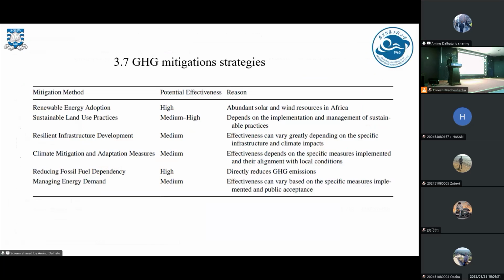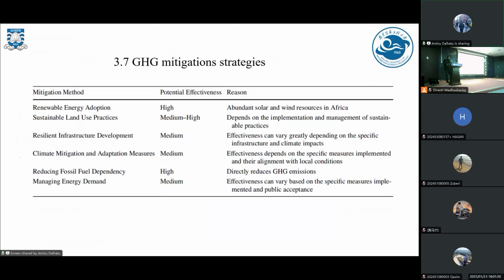How do we mitigate? Every year, in many places in Africa, greenhouse gas emission and global warming are increasing. These are some methods suggested in many studies.